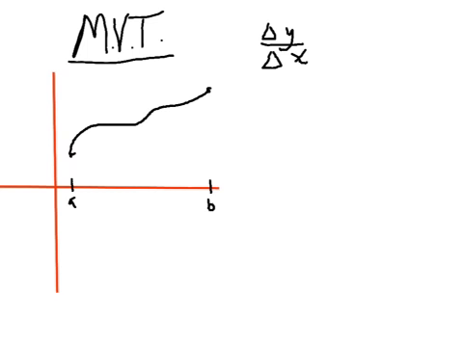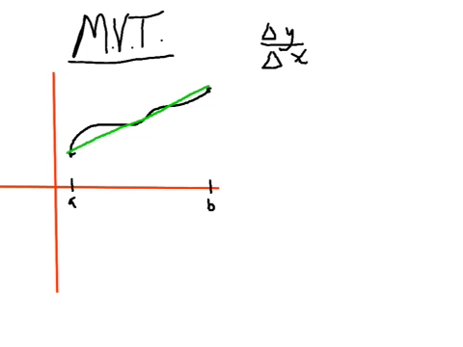So I'll change colors to do this. Here is our average slope. Perfect. So this is the average slope throughout the entire function.